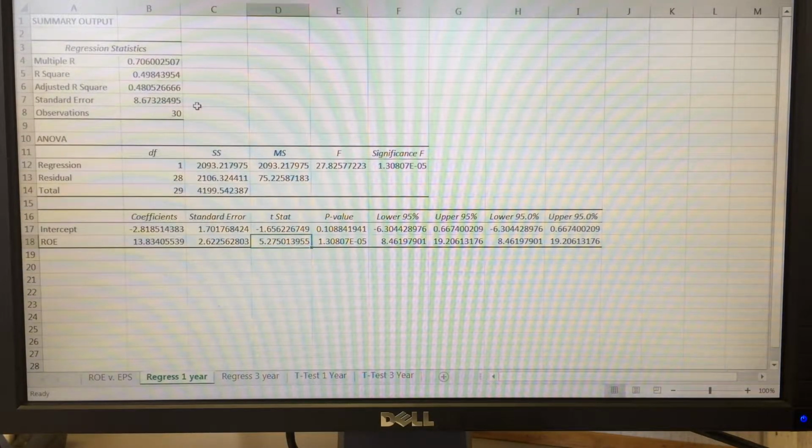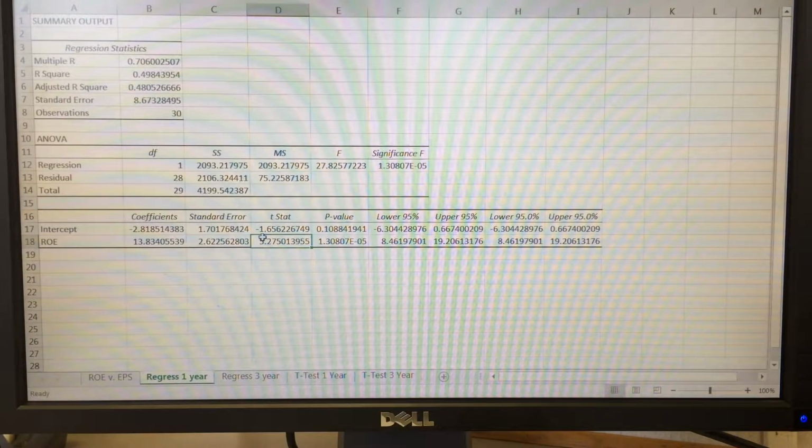Obviously my theory is the higher the ROE, the higher the earnings per share. So down here, if you look at the T-stat, as Dr. Cresson stated before, 1.65 is your baseline. Well, this one's a 5.27, which is higher, which means that the higher the ROE, the higher the earnings per share after 1 year.